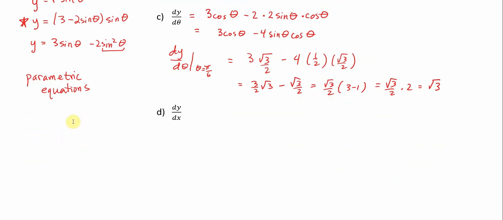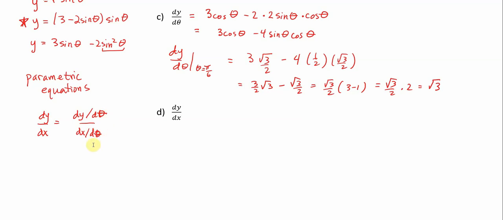The parametric equations tell us that dy dx is equal to dy dt over dx dt. Except this time, we're not using t, we're using theta, that's all. So dy dx is equal to dy d theta over dx d theta. Okay?